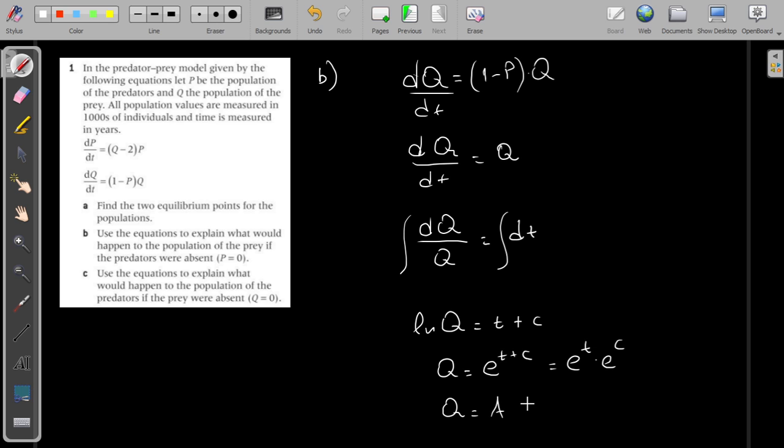Let's say that e to the power of C is equal to A, so Q equals A times e to the power of t. To explain, I see that my population will grow exponentially.